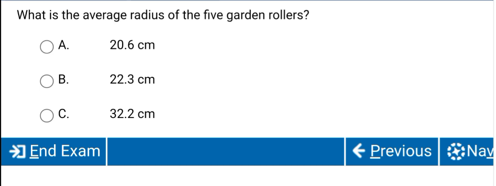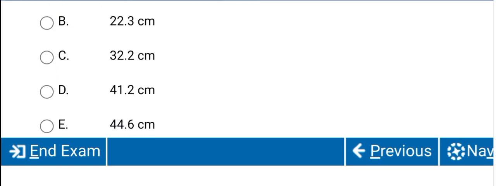Here we have option A as 20.6 centimeters, option B 22.3 centimeters, option C 32.2 centimeters, option D 41.2 centimeters, option E 44.6 centimeters.